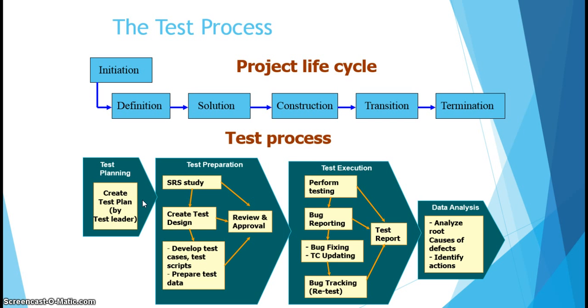It is generally done by the project leaders or test leaders, team leaders, as we can say. Test preparation is the system requirement study, then you create the test design, and it goes into review and approval stages. Thereafter you create test cases and prepare the test data.